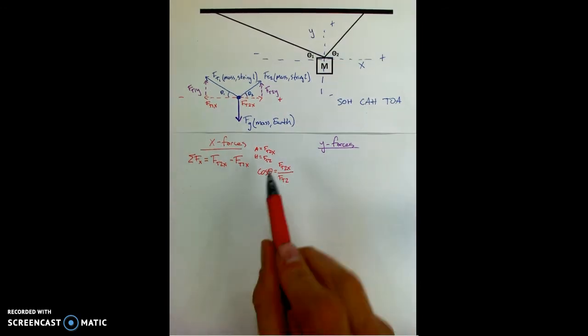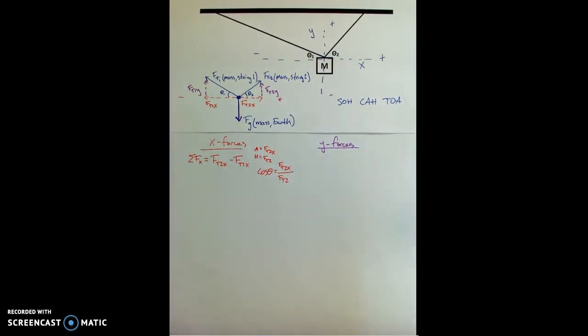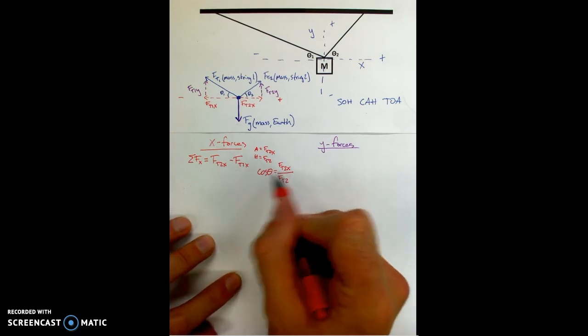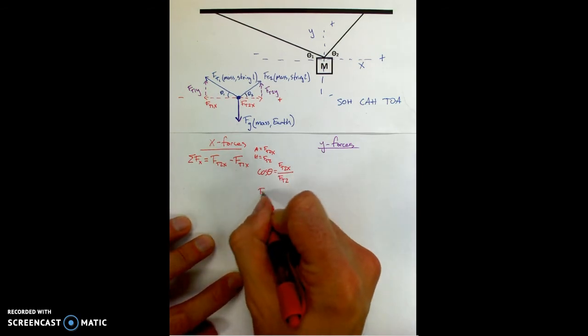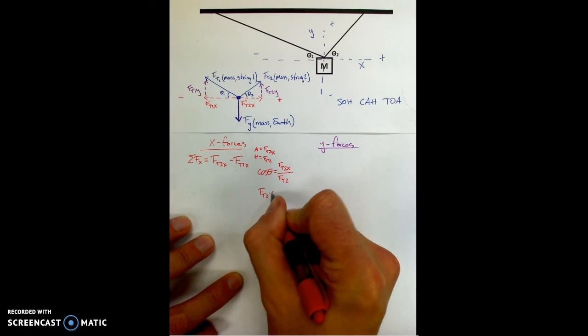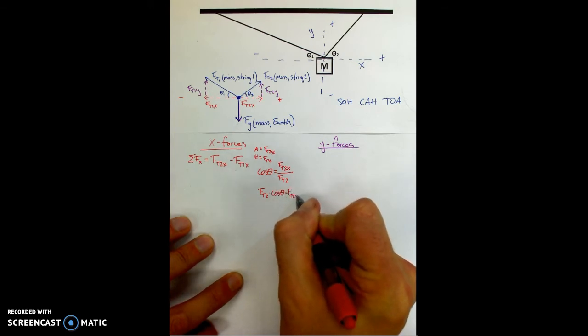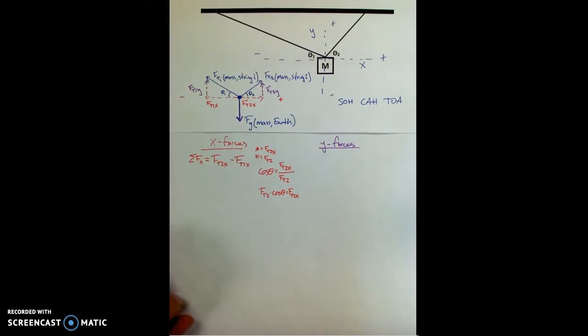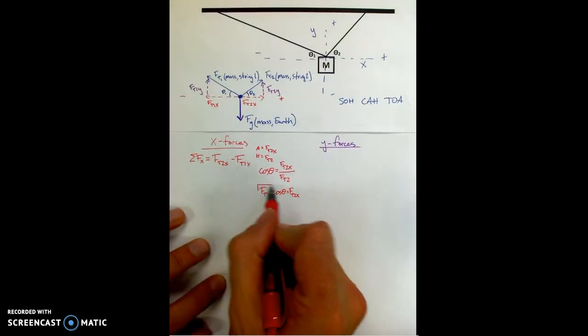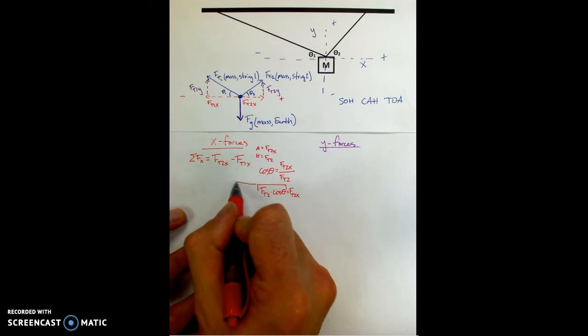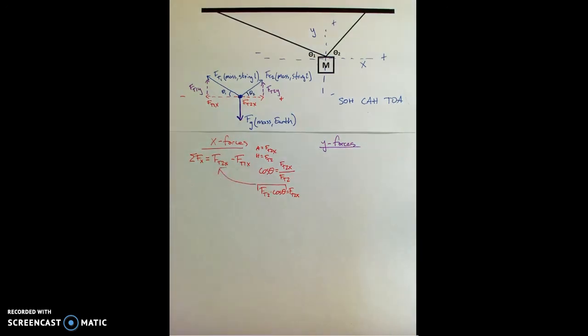I'm trying to solve for Ft2x in such a way that will give me Ft2. So if I multiply both sides by Ft2, I'll have Ft2 cosine theta equals Ft2x.